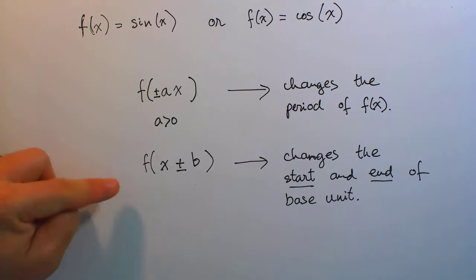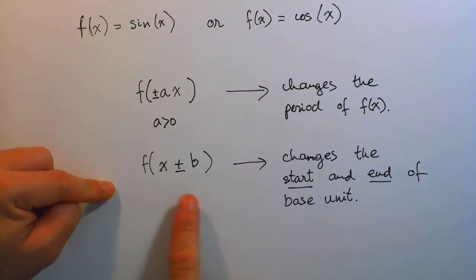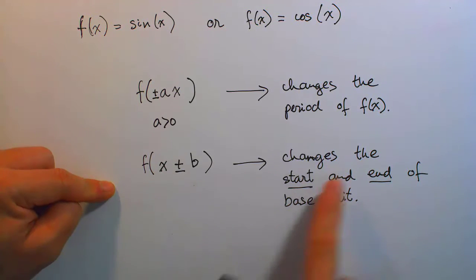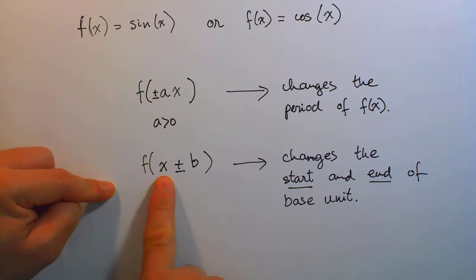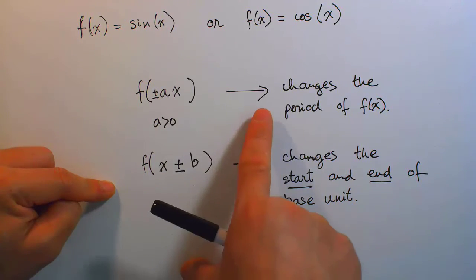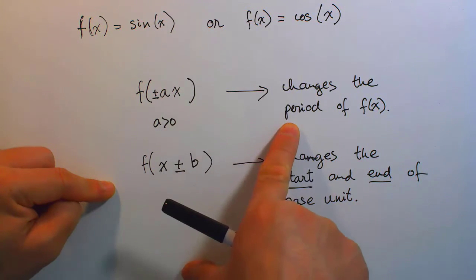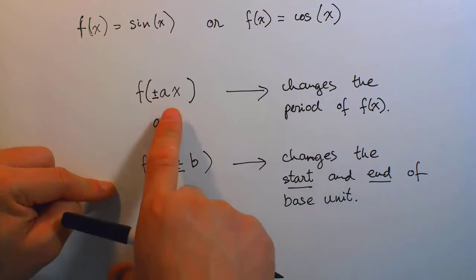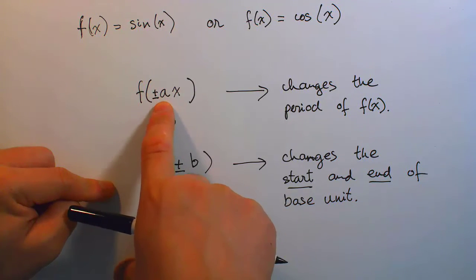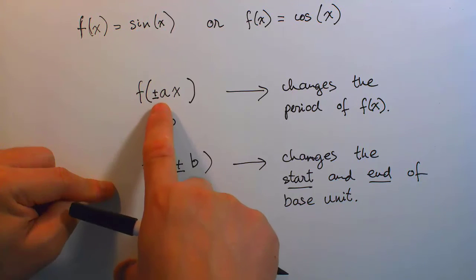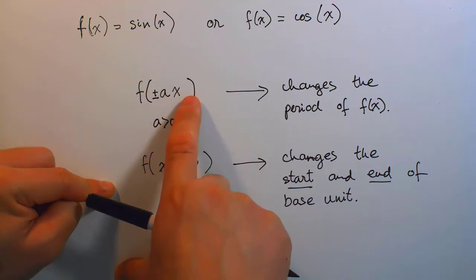However, keep in mind the elementary transformations we've learned are limited. For the change on the start and the end, it strictly requires coefficient 1 in front of the x. And for the change in the period, it's simply one coefficient, positive or negative, but no extra term added on.